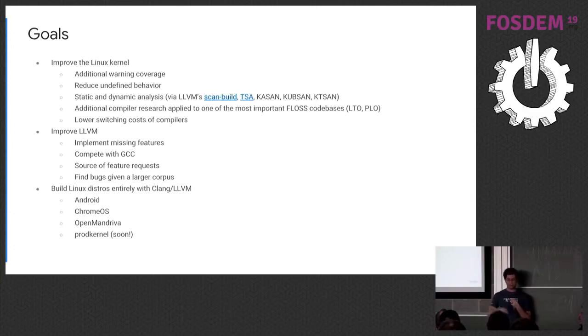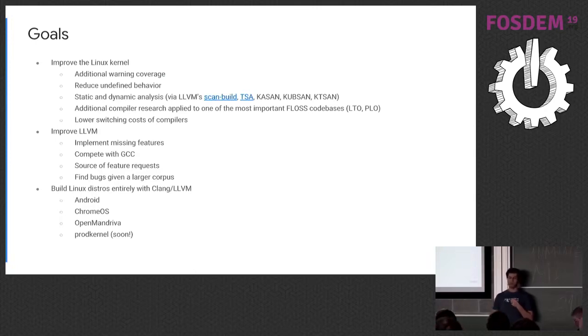Some of the things we're trying to do is create Linux distributions that are entirely built with Clang and LLVM. Android is in the process of moving there. If you have a Pixel phone, those are already entirely built with Clang, even the kernel. We're working with Android OEMs and vendors now on getting the whole ecosystem moved over to Clang-built kernels as well.